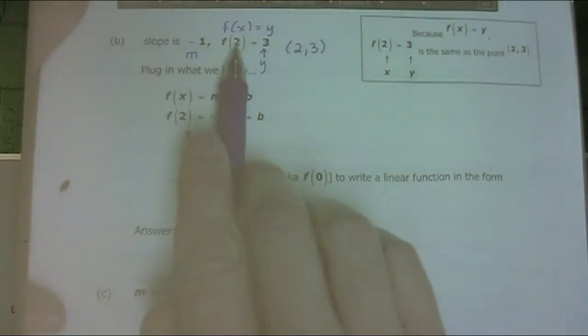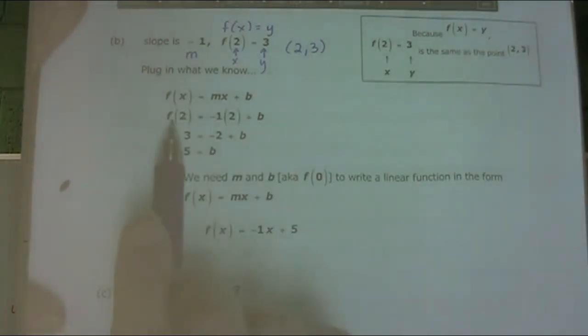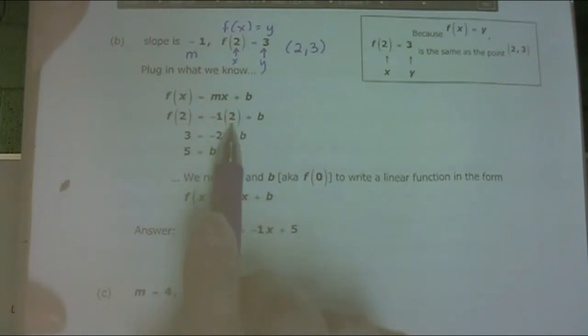Remember, when I plug in f of 2, 2 replaces x on both sides. So on this side, 2 goes in place of x, and on this side, 2 goes in place of x. Put my slope here, but I don't know b, so I'm going to leave little b. So I have f of 2 equals -1 times 2 plus b.